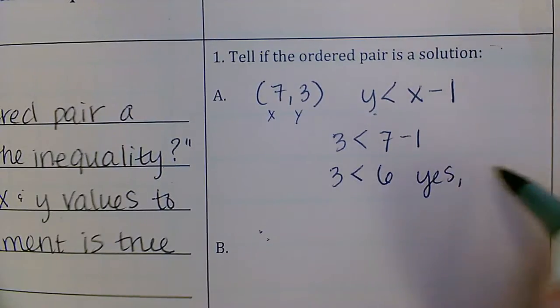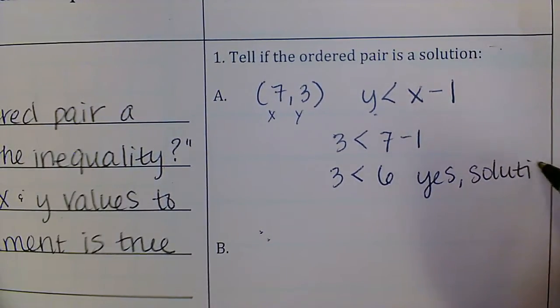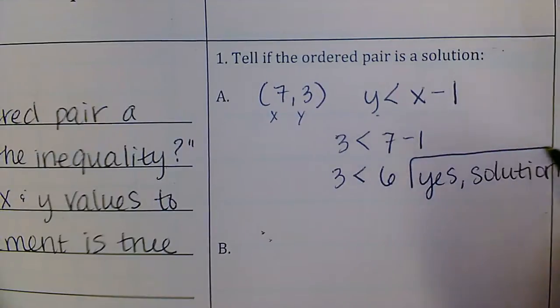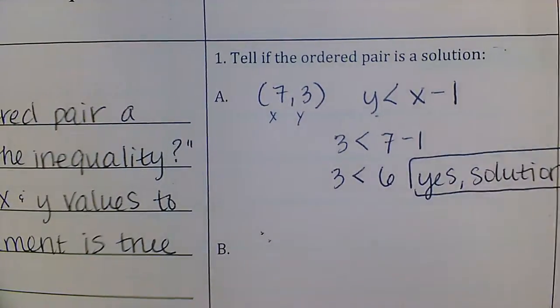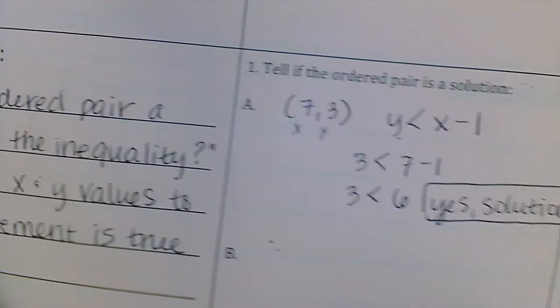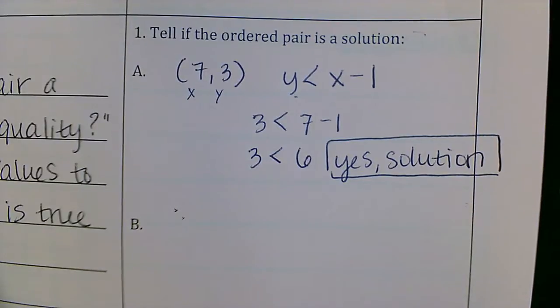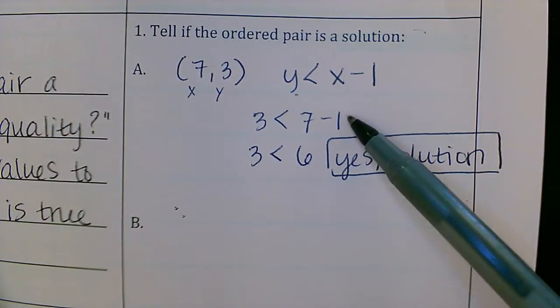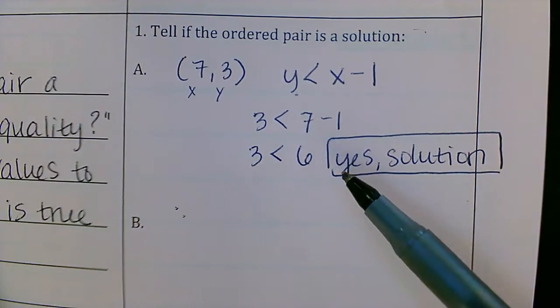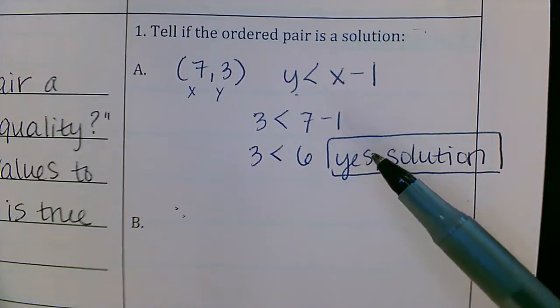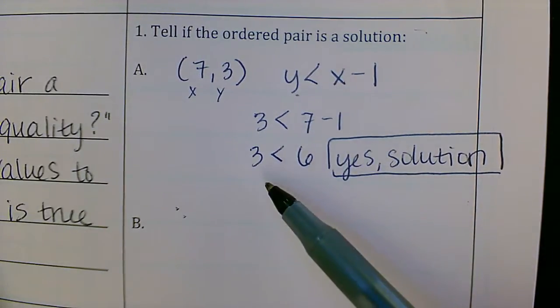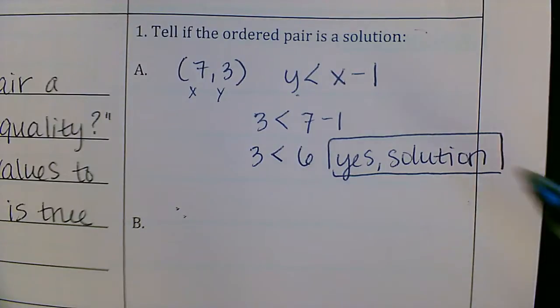Yes. So it is a solution. And that's all I'm doing for my answer. So I've shown my work, and all I'm just answering is yes, it is a solution. Okay? So again, all I've done there is I plugged it in, and I finished up, and you'll notice I didn't try to get everything on one side. You don't need to do that. All I'm just finding is I get 3 is less than 6. I ask myself, is that true? Yes, and therefore it would be a solution.